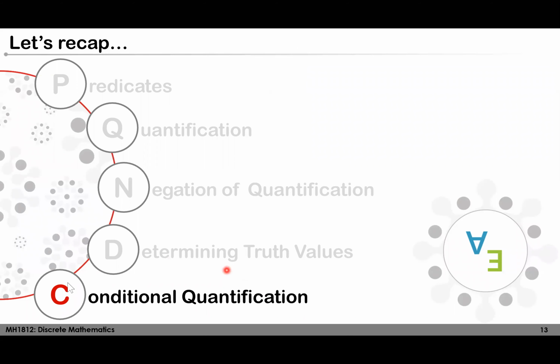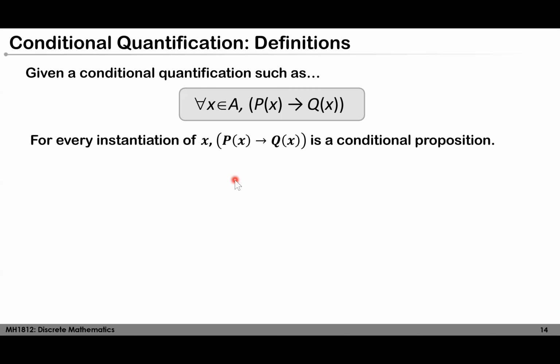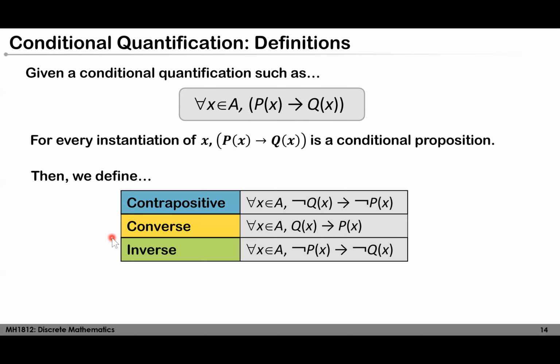So we learn the conditional quantification. So for every instantiation of x, P of x implies Q of x is a conditional proposition. So we have some related quantifications.